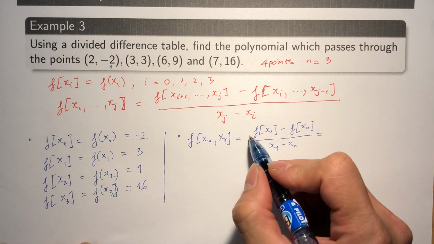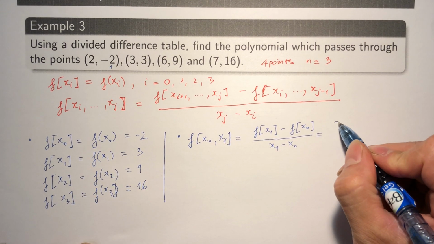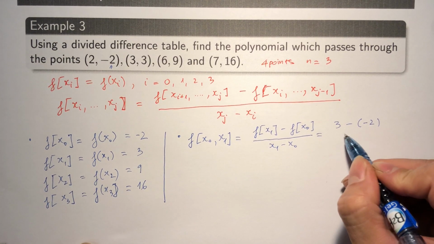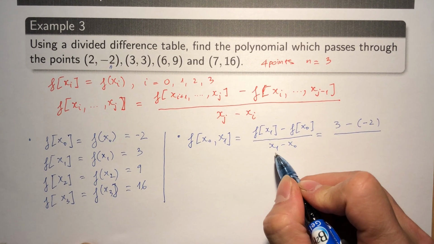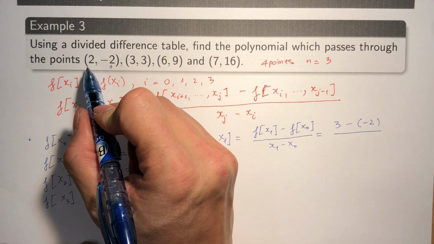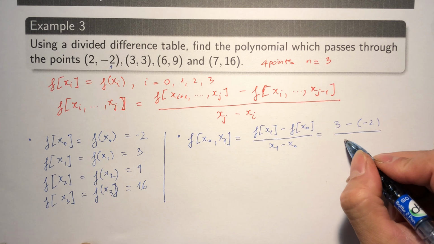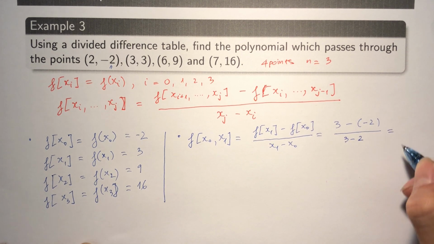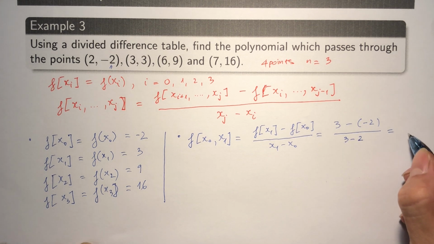Right? So f x1 is 3, f x0 is minus 2, divided by x1 minus x0. So x1 is 3, x0 is 2. So 3 minus 2. So this one equals 5.